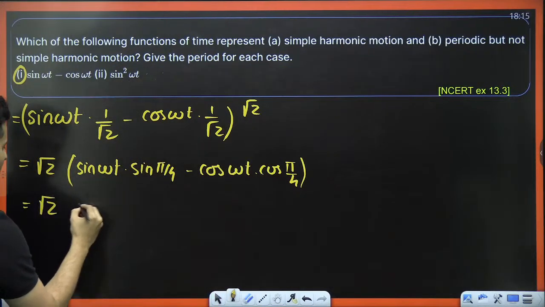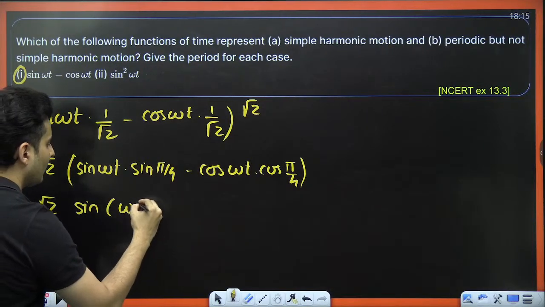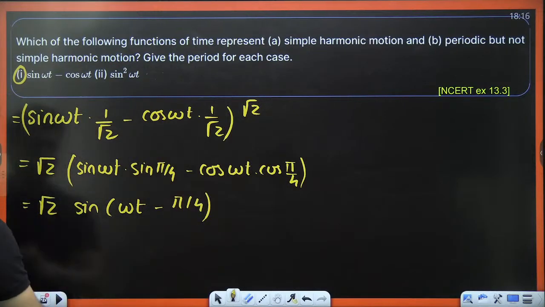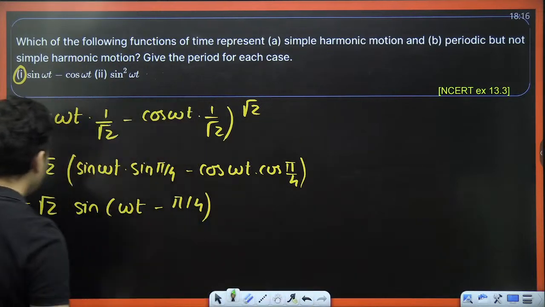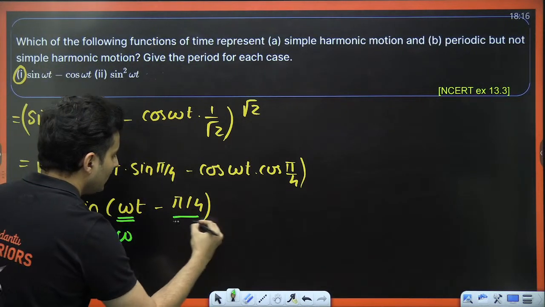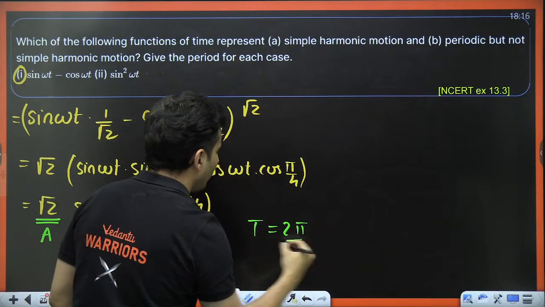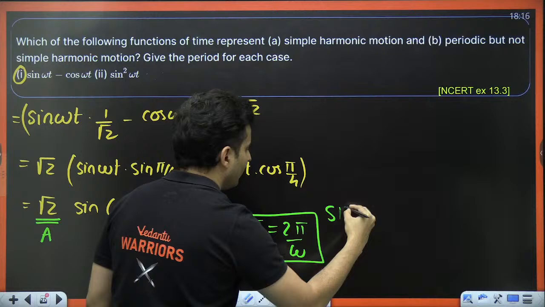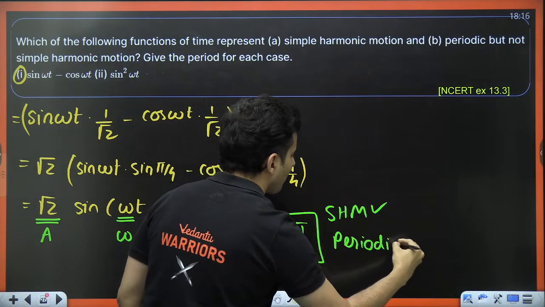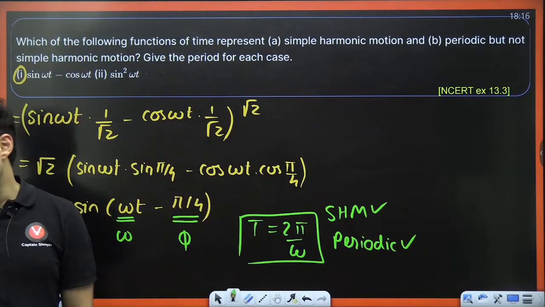This will become root 2 into sine A cos B minus cos A sin B, which is sine A minus B. So root 2 sine omega t minus pi by 4. So now you can definitely see this is your amplitude, this is your omega, this is your phase constant. So the time period will be 2 pi by omega, and it is a SHM. Definitely it is also periodic in nature. It is definitely like a SHM equation.